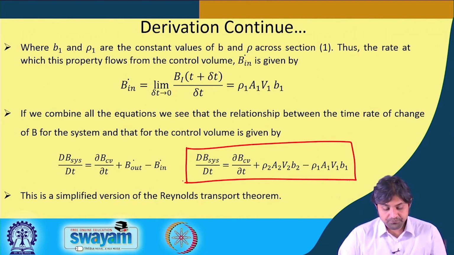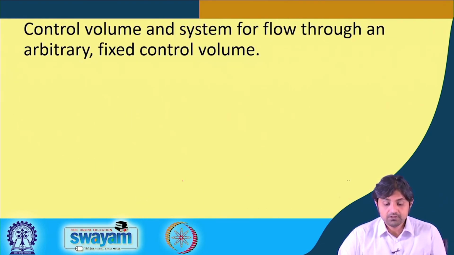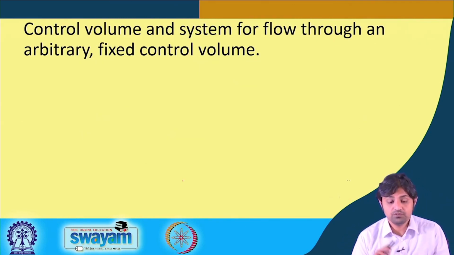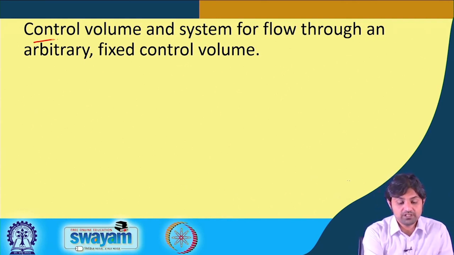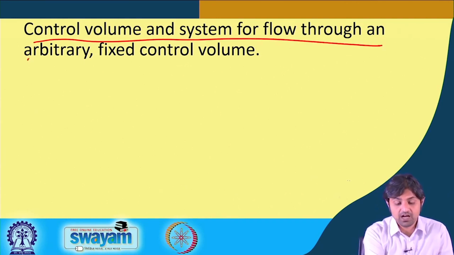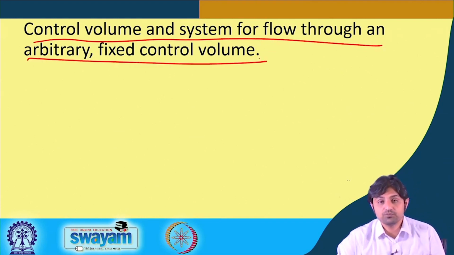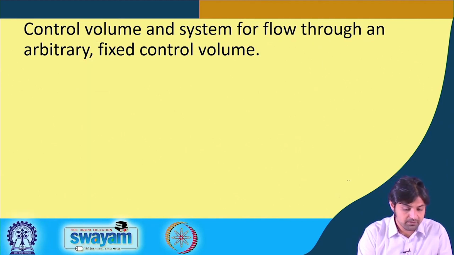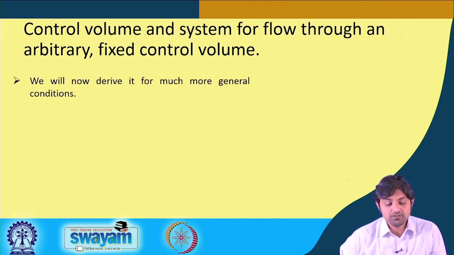So now the next step is we have to find this for control volume and system for flow through an arbitrary fixed control volume. Alright, so now we will derive it for more general conditions.